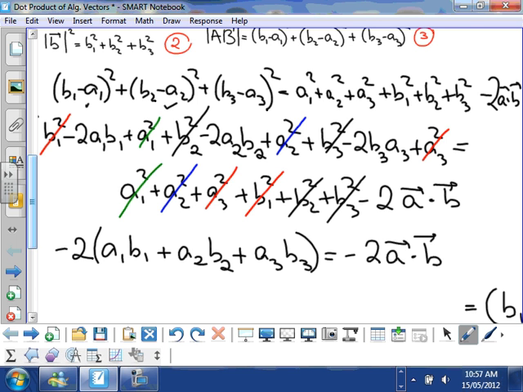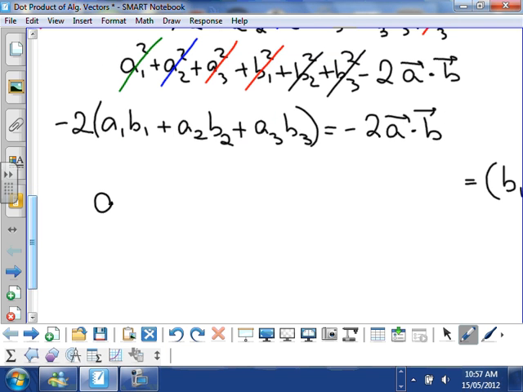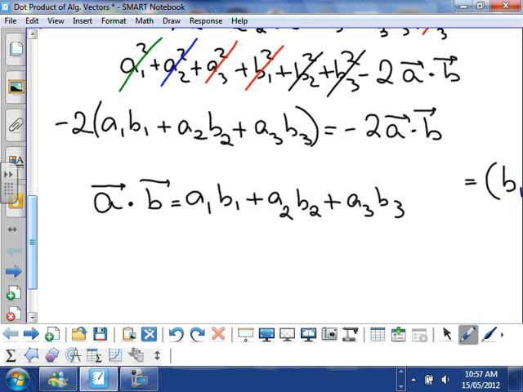As a result, we can say that whenever two algebraic vectors are given, the dot product is a1 b1 plus a2 b2 plus a3 b3.